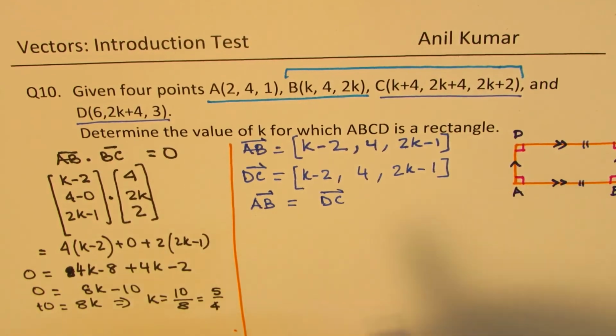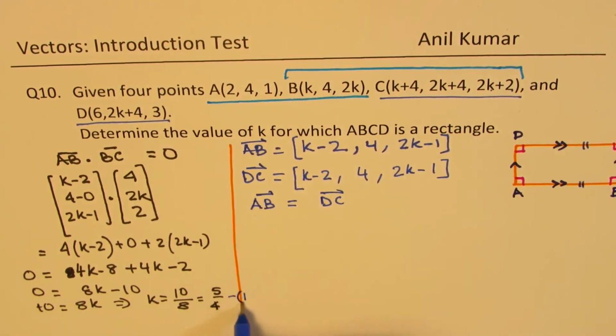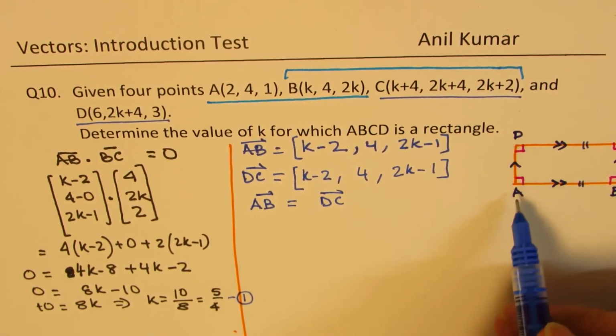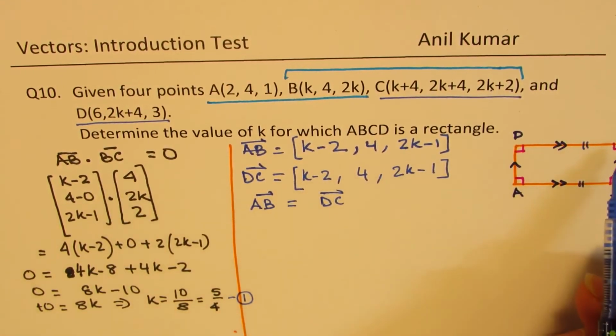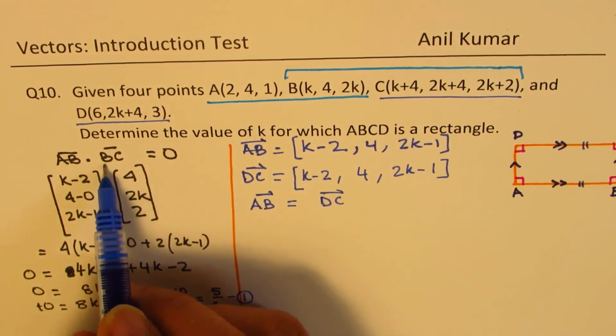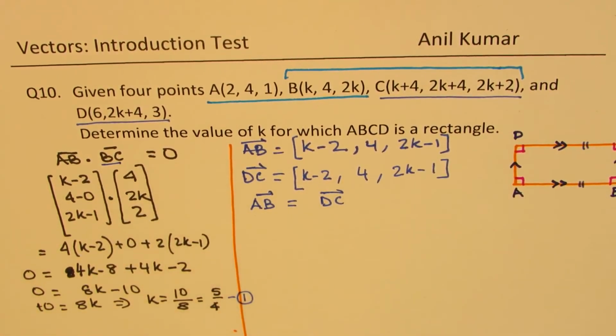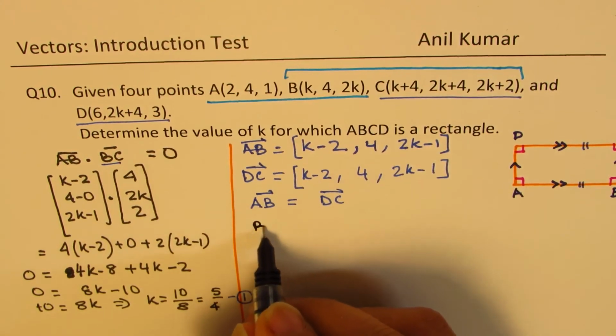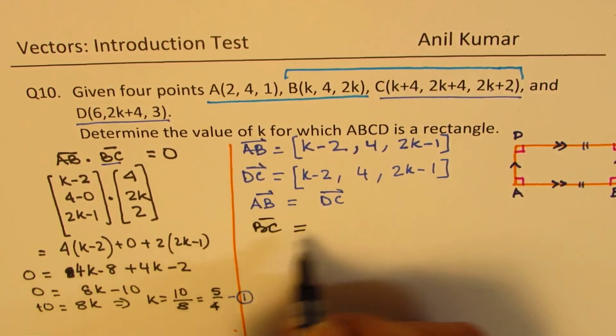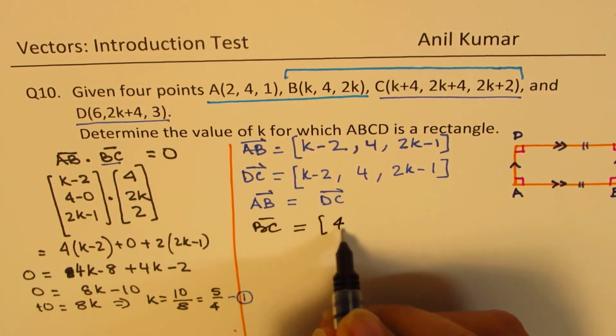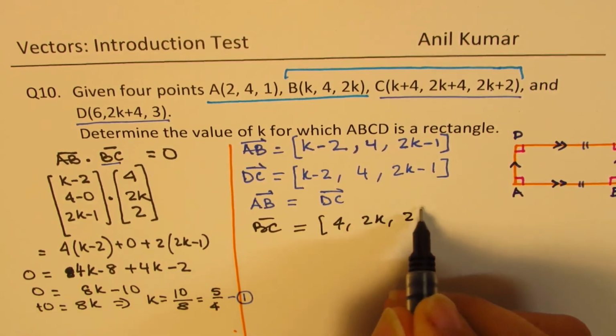Correct? We have already shown from 1 that for the value of K, which is 5 over 4, it is perpendicular. Let's calculate what is AD and compare it with BC. So from here, we know BC is basically equal to 4, 2K, 2.